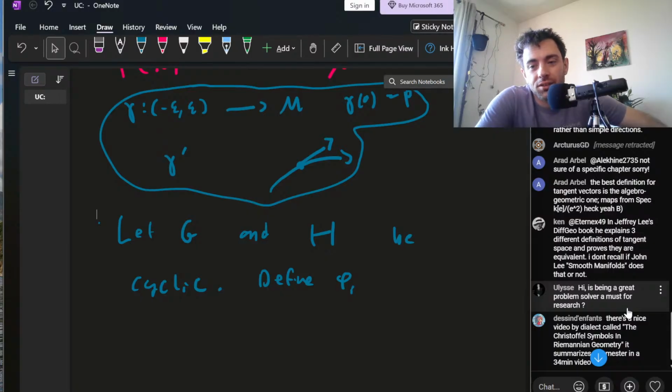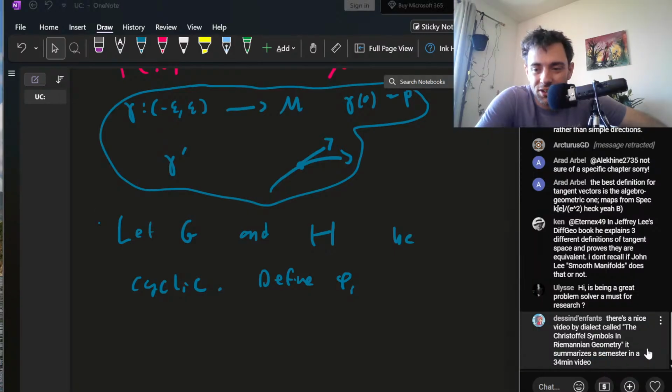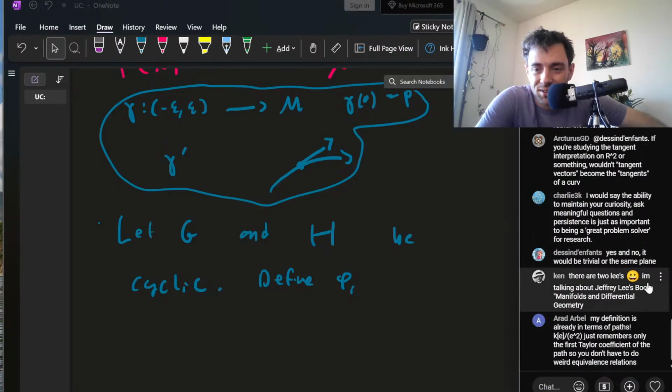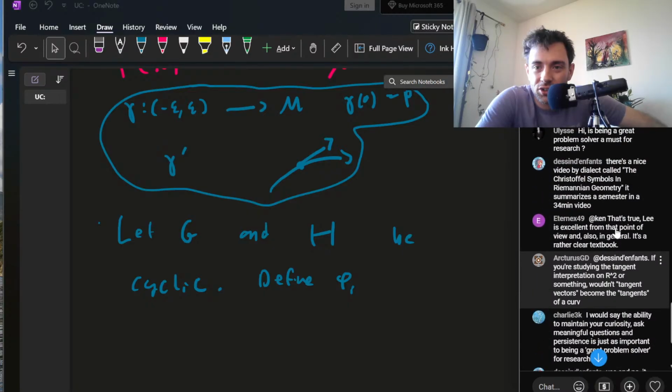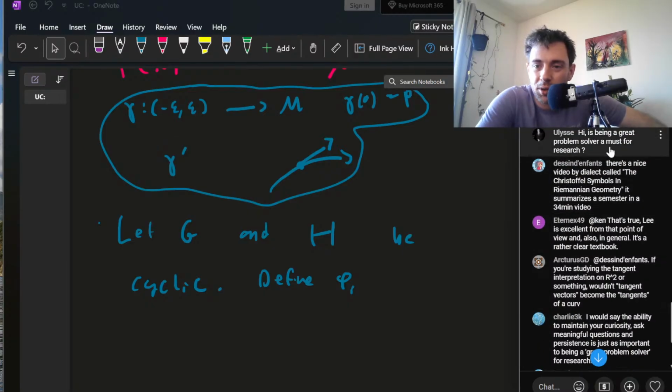Go look at the list of Fields medalists, or people who have won crazy awards, and then go look at how many of them were gold medalists in the IMO. Not quite a coincidence, but by definition, as a researcher, you're solving problems all day long.